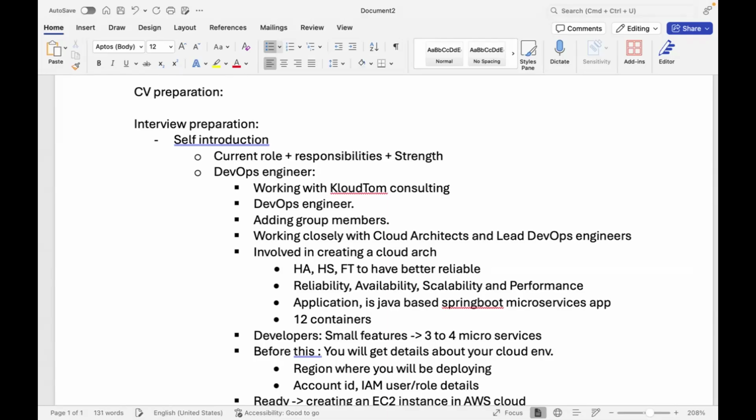All these things you will get from the landing zone team.